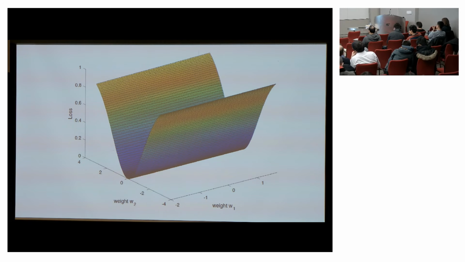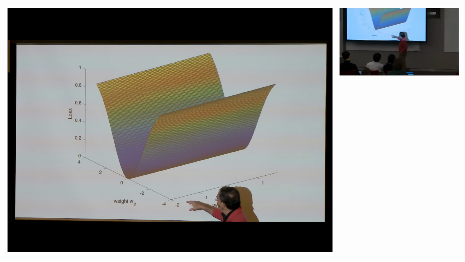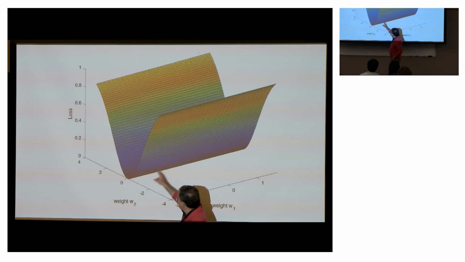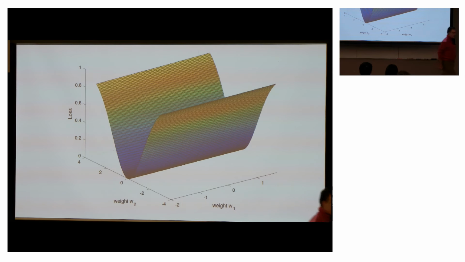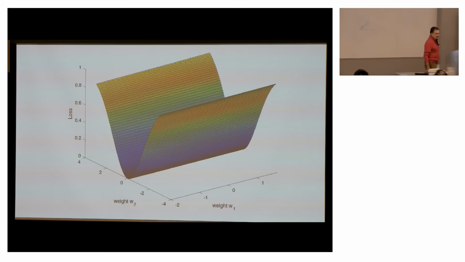This would be a loss function, an energy function that is convex, quadratic, for instance, in one of the two weight parameters, but is degenerate in the other one. Okay? So you have flat valleys here.